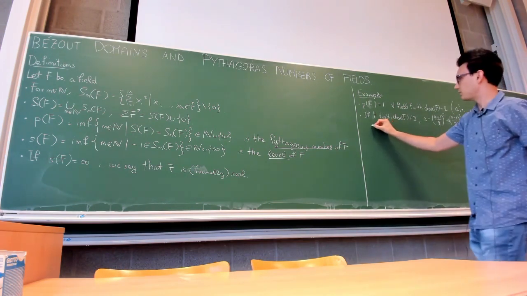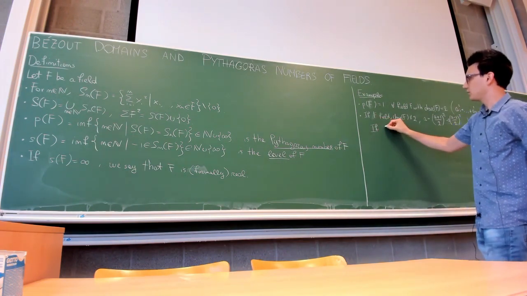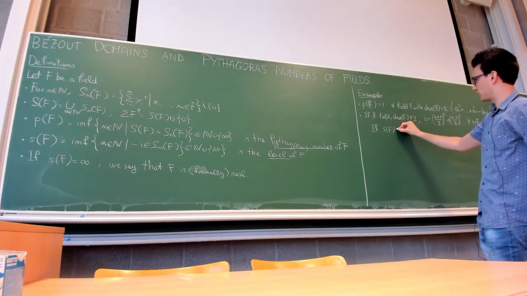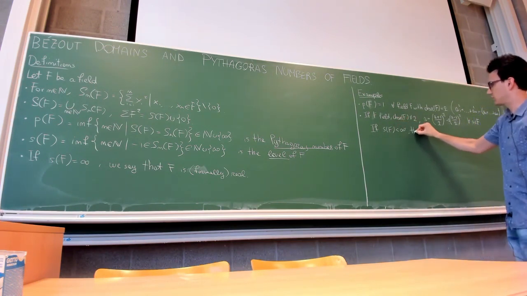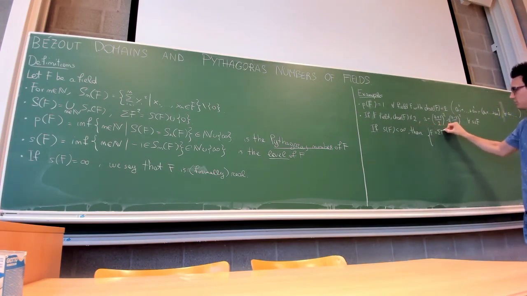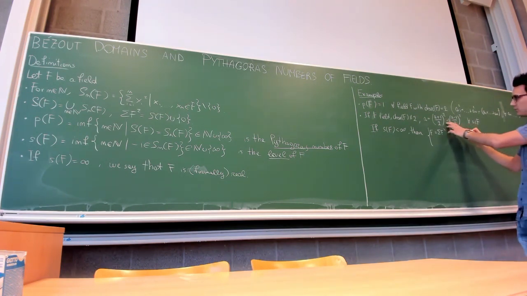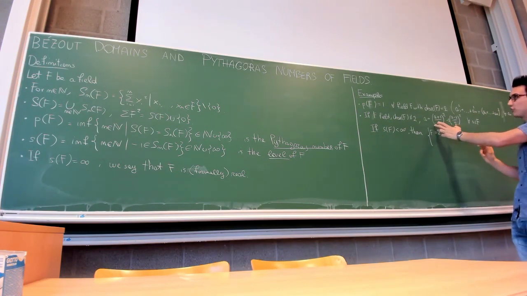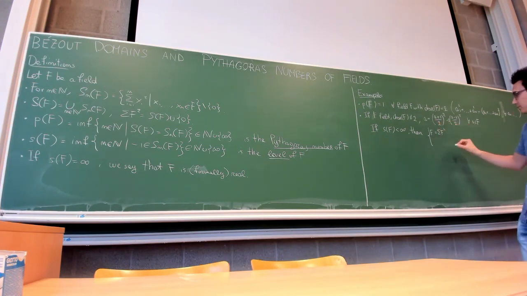So if the level is finite, then f is all made of sums of squares, and moreover, the level is by definition the smallest length as a sum of squares of -1. So any element will actually be a sum of the level plus 1 squares, right?